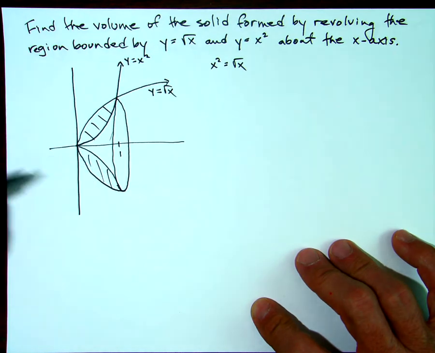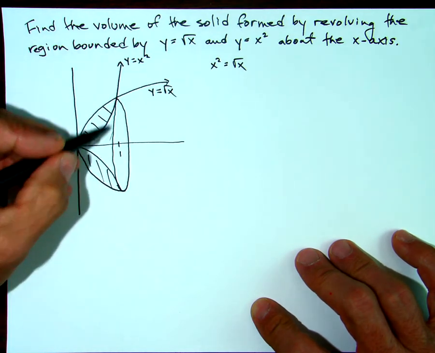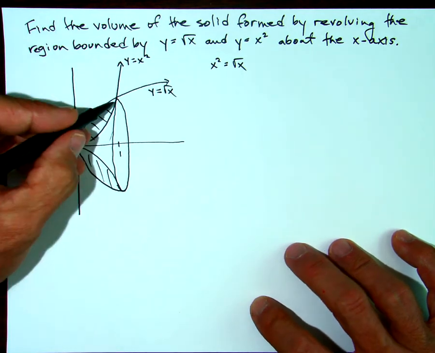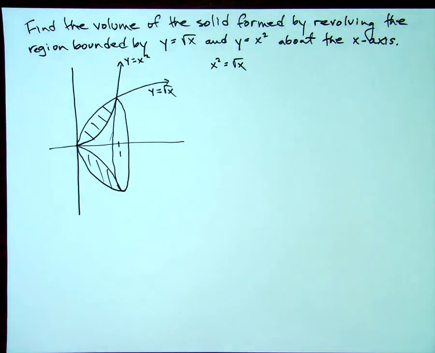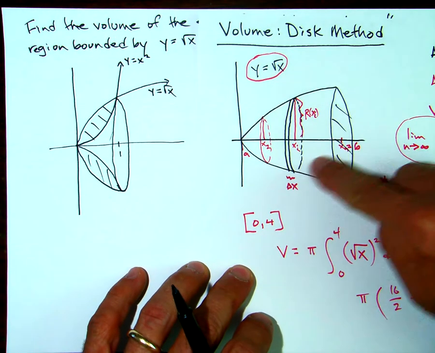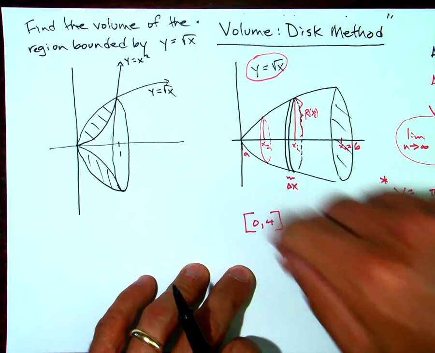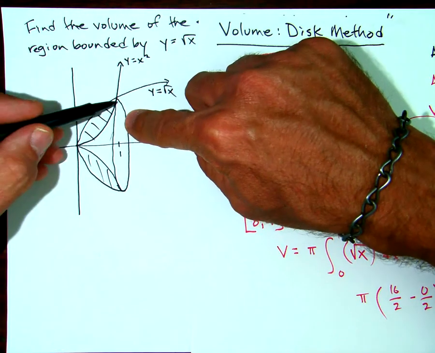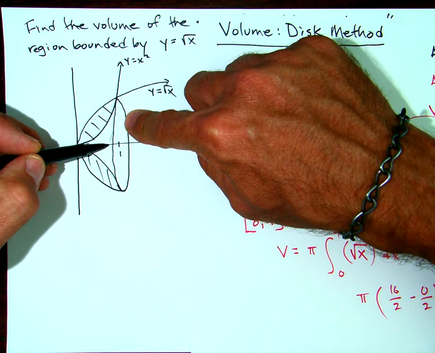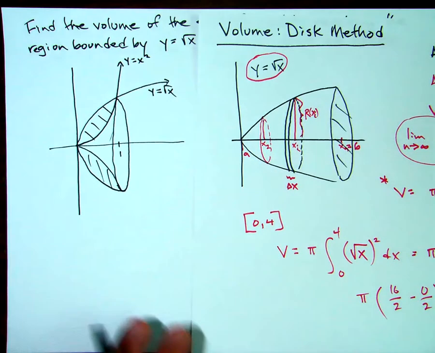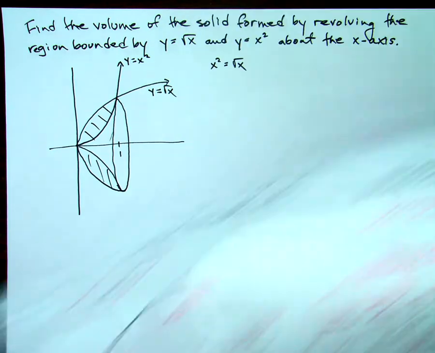I mean, that's just my disk here. So one way to think of this is that you have an outer part, which is, if I go back to my original example, this whole piece, and this inner part is being removed, right? This part between y equals x squared and the x-axis is kind of being bored out of the middle, and so what we're trying to find is the volume of what's left.